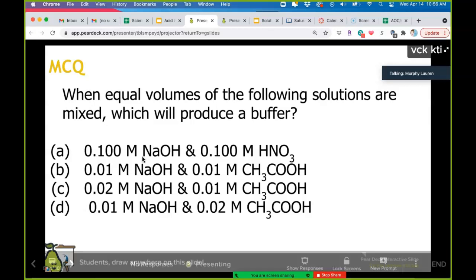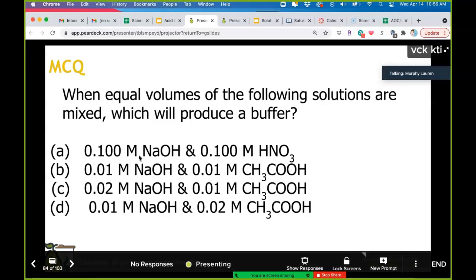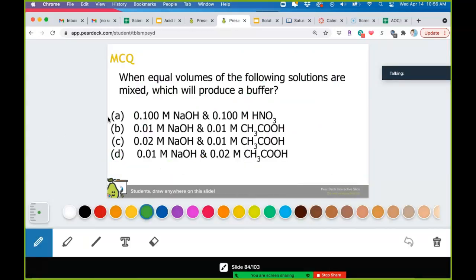So A is out. You are never going to produce a buffer from a neutralization between a strong base and a strong acid, ever. Bye-bye. So now B, C, and D are all the same base and all the same acid.